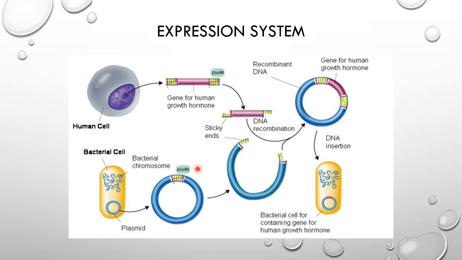Now the gene and the plasmid come together, and because both have sticky ends, which match in their nucleotides, they attach by complementary nucleotides and a recombinant plasmid is formed. When this recombinant plasmid carrying the human growth hormone gene is inserted into the bacterium, the bacterium will provide the material for growth and multiply the growth hormone gene, and from it we can isolate the hormone.